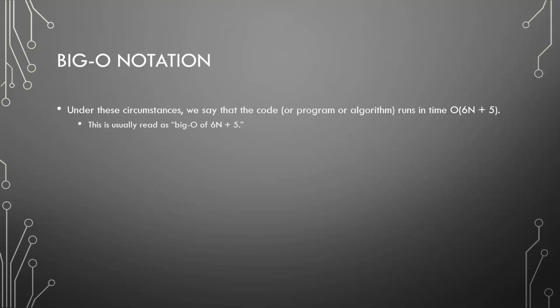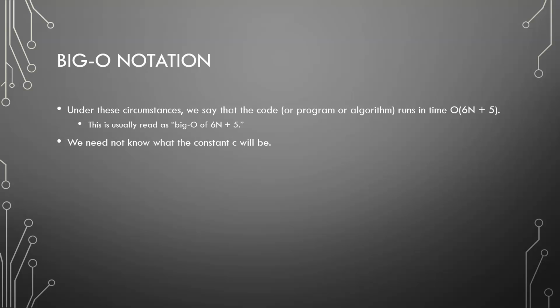Under these circumstances, we say that the code or program or algorithm runs in time big O of 6n plus 5. Of course, when we read that, you don't just say 6n plus 5, it's big O, because there's also a little o. So keep that in mind: big O of 6n plus 5.